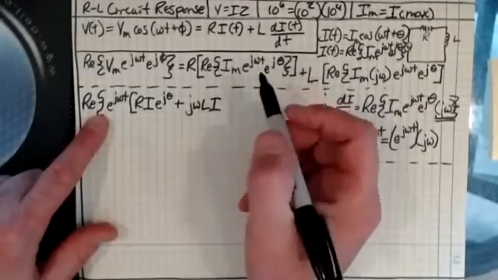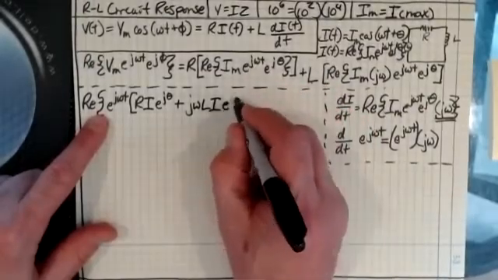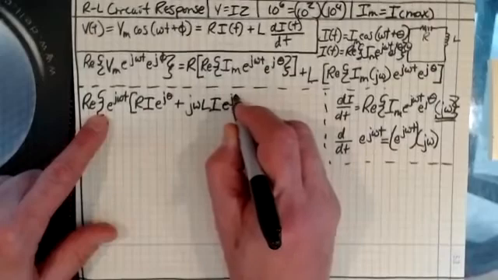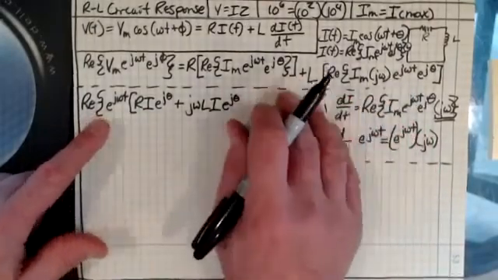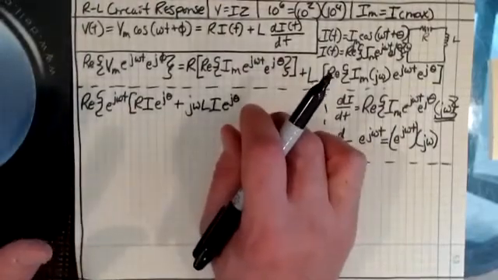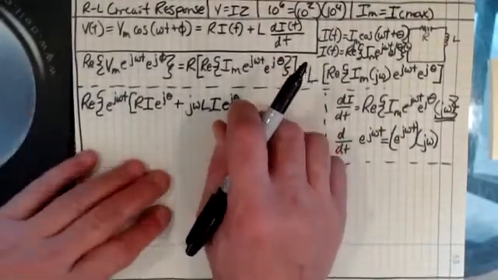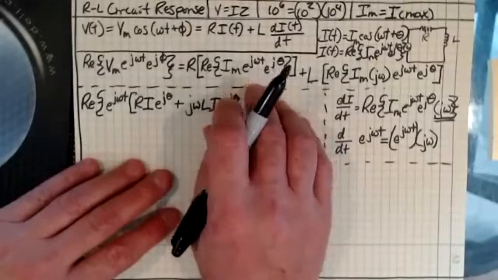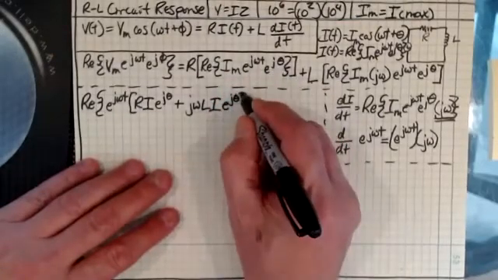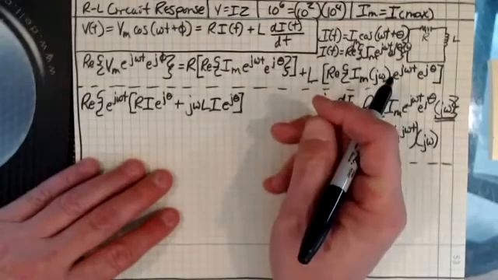Does everyone see how I've taken all those? And then e to the j theta. And you might say, hey, why don't you take that e to the j theta out of there? Hey, don't worry about it. Don't ask me questions. I'm just doing it this way. Just be happy. Everything's working out just fine, right?